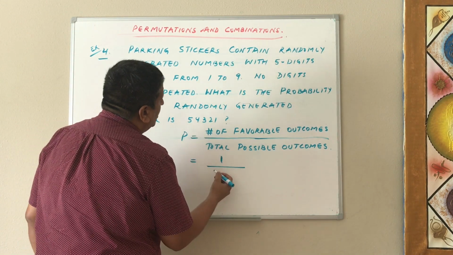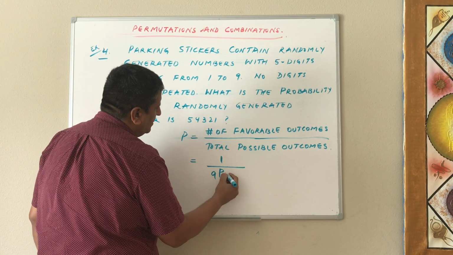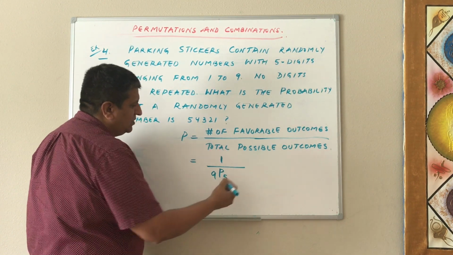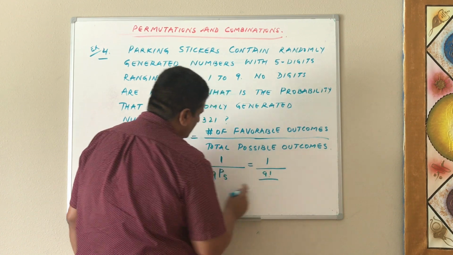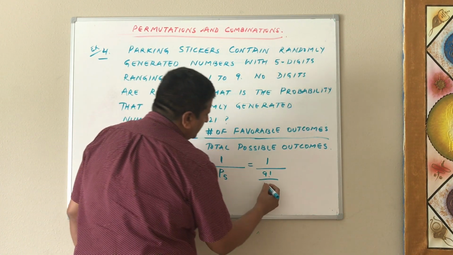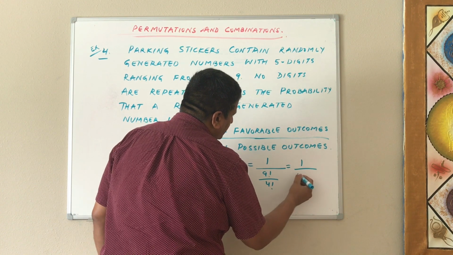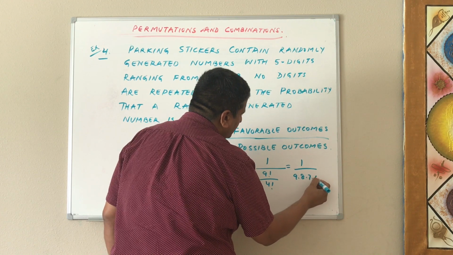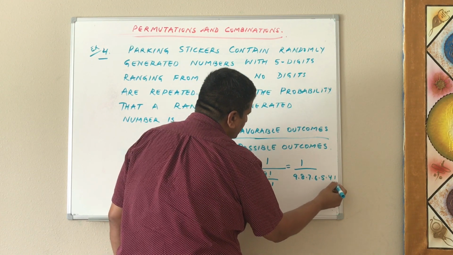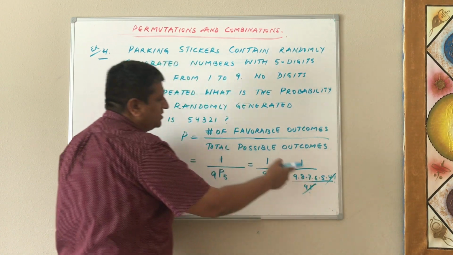There are nine objects, and we have to pick 5 of them. So you're going to get 1 over 9 factorial over 9 minus 5, which is 4 factorial. And you can do the calculations yourself: 9 times 8 times 7 times 6 times 5 times 4 factorial over 4 factorial.